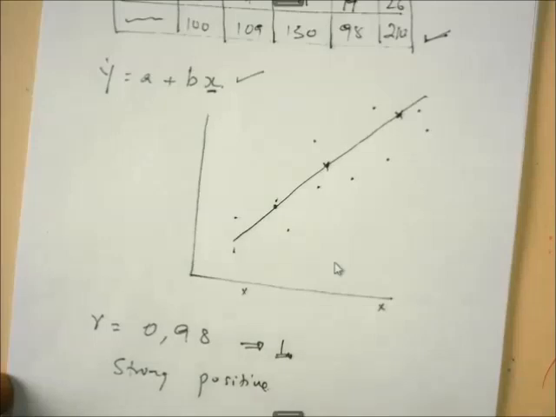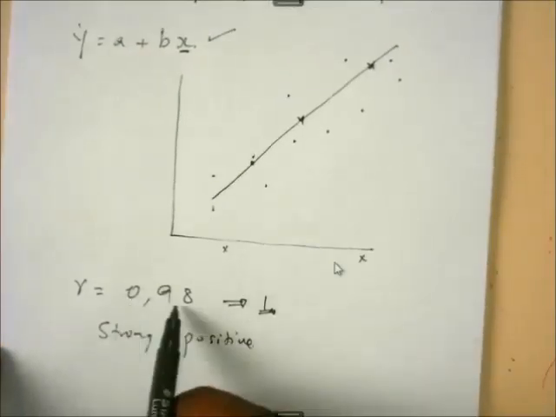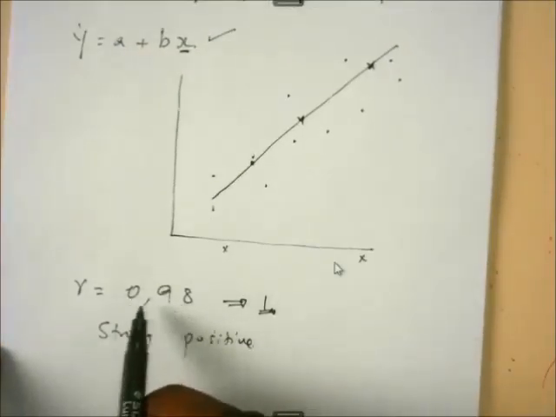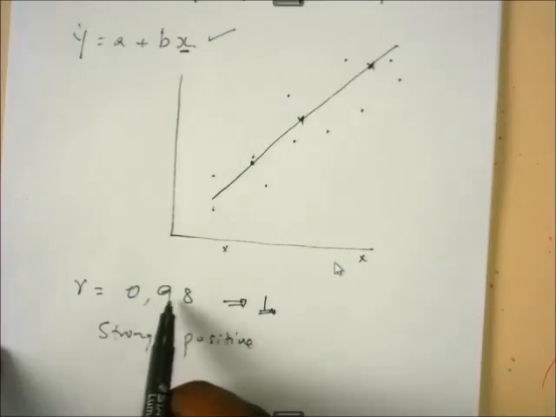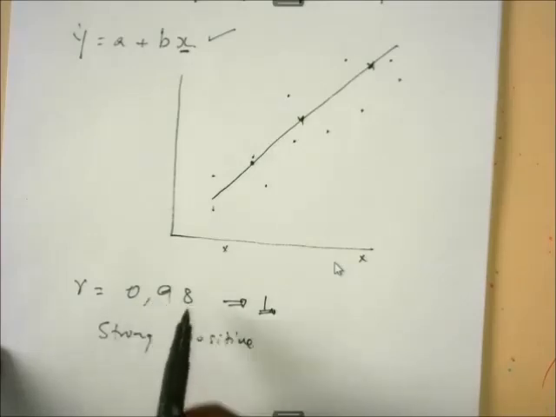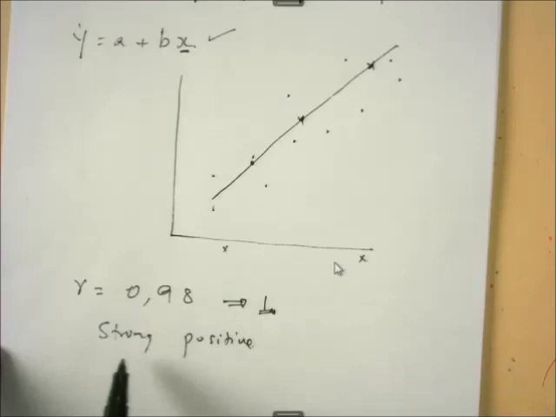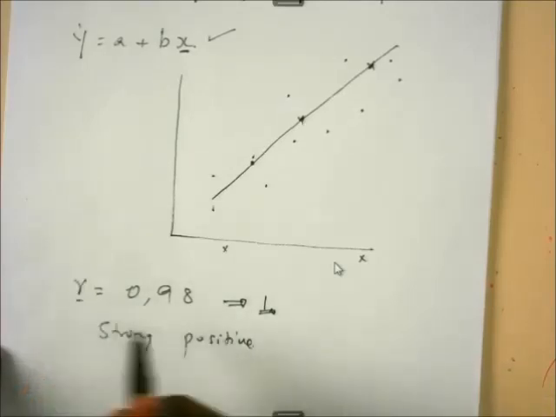Strong positive in that case, because the value of R is 0.98, very, very close to 1. Then it means it is very strong positive.